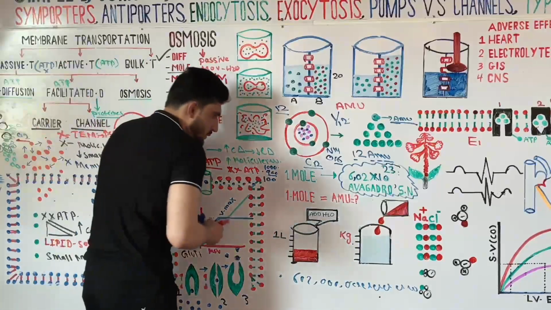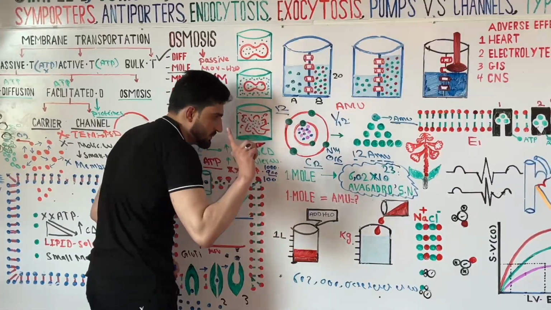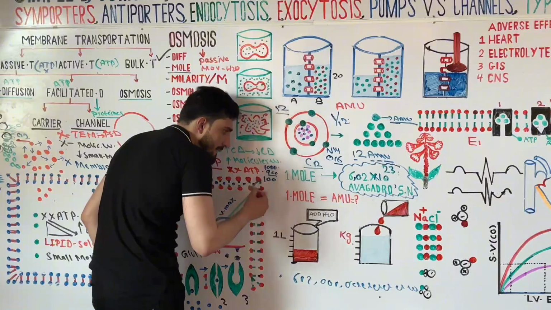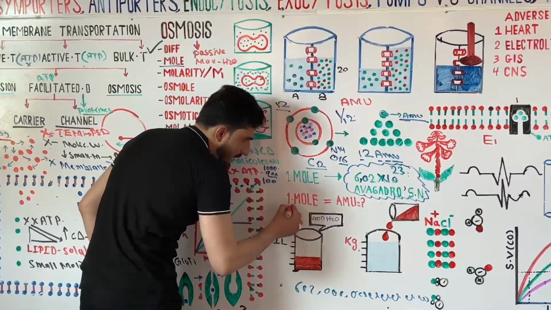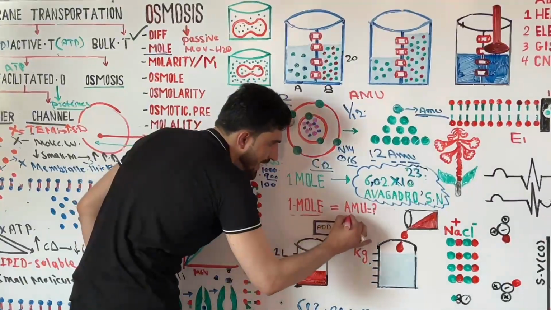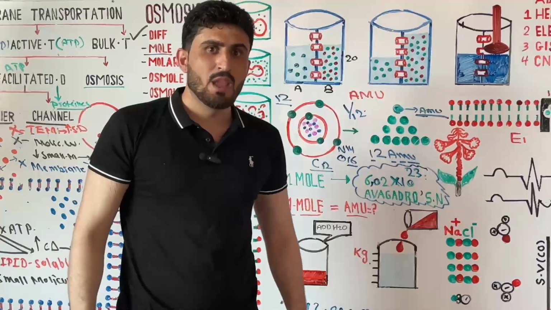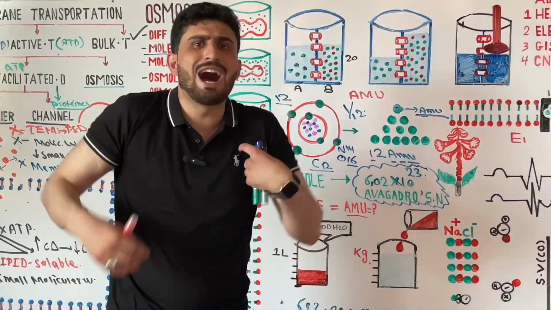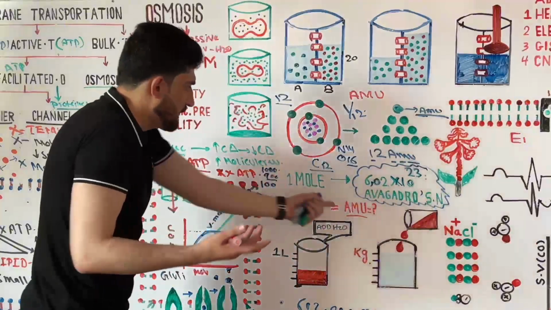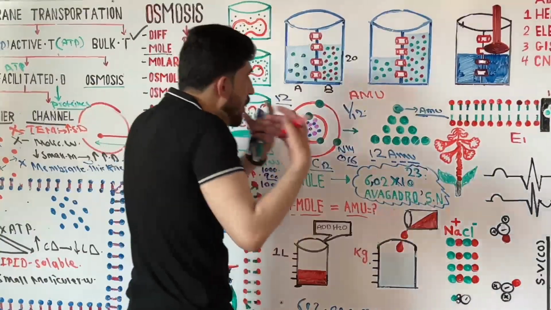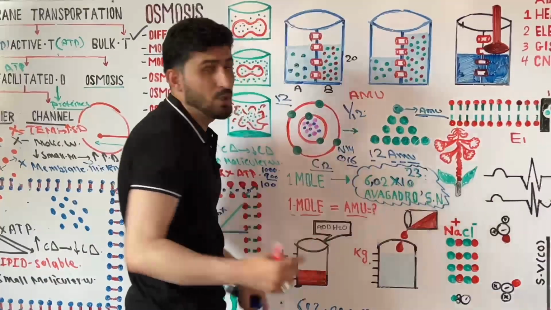Now this is a so important point, listen to me carefully. If I tell you to give me 1 mole of AMU, how many AMU will you give me, how many pieces of this carbon will you give me?